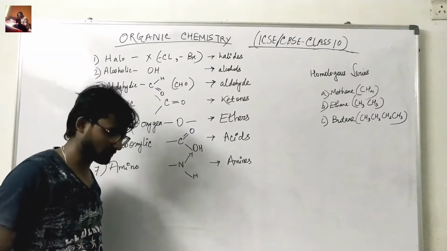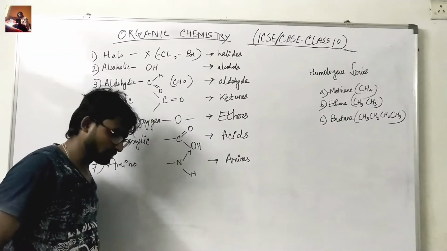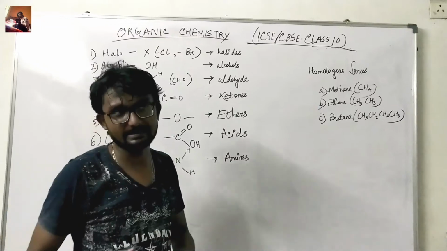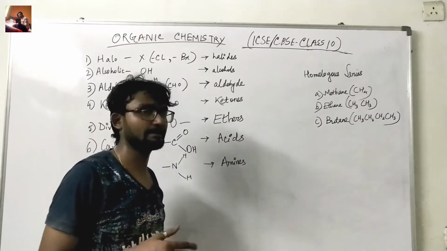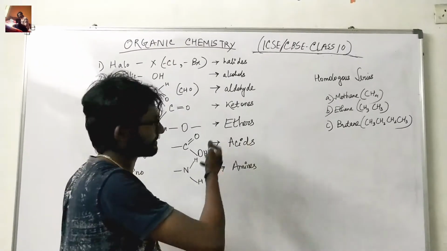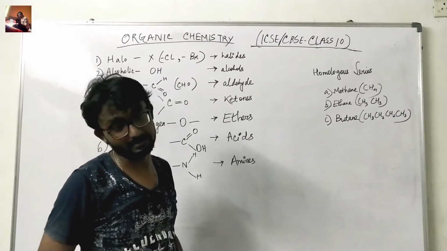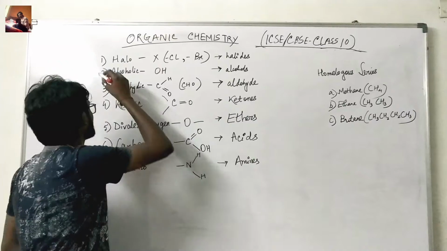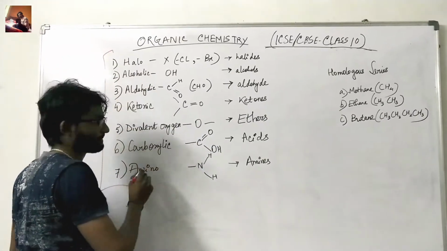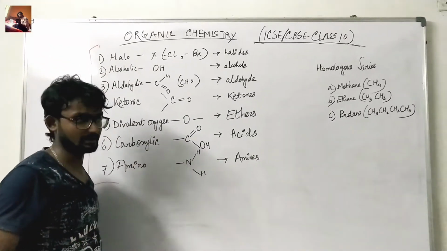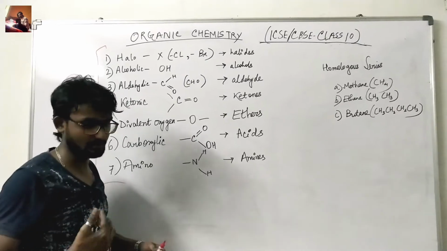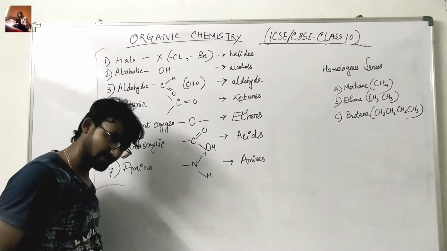So guys, here is the functional group. What is a functional group? A functional group is a group of atoms that is bound to the main chemical structure, the carbon atom, which determines the chemical properties of the substances. These are the functional groups that we need to remember in order to identify chemical compounds.